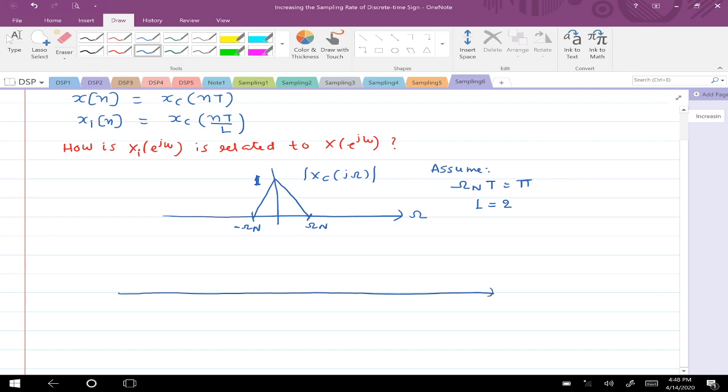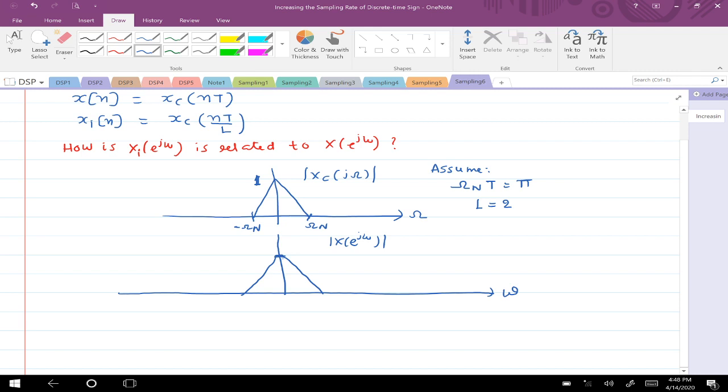Right, so what we will do now is take a look at how X of e power j omega would look like. Well, this is omega. You already had done it enough number of times now. This magnitude, what would that magnitude be?